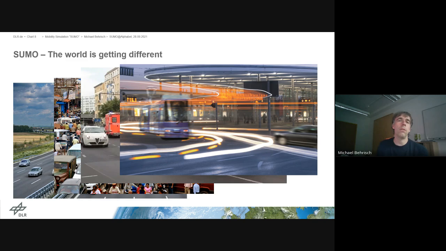And also public transport modeling and intermodal transport, so that you can change between different modes of transport in the same simulation.